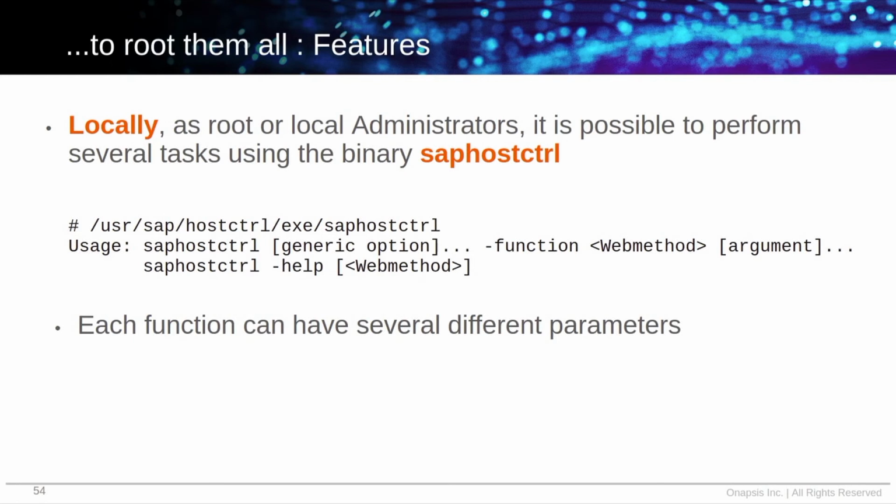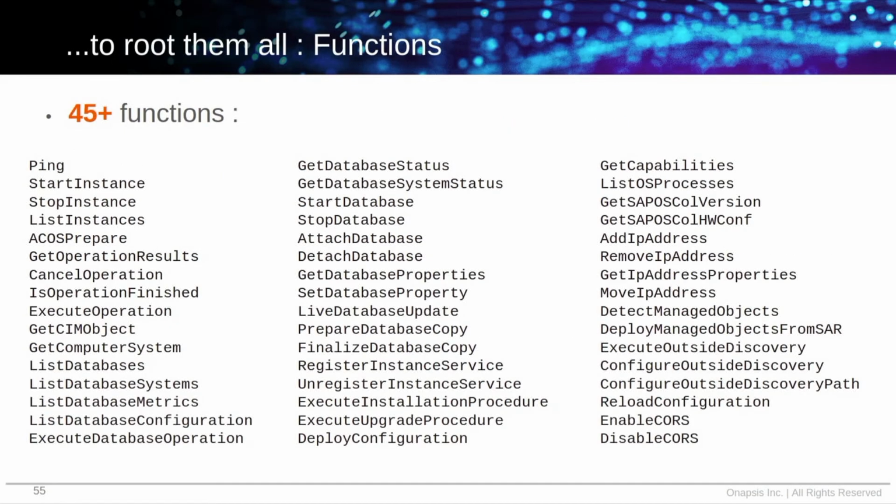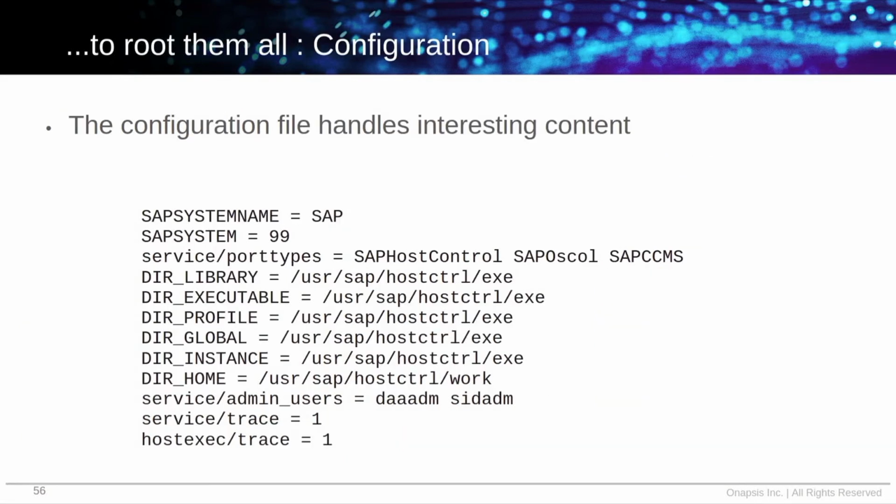When we speak about functions provided by the SAP host agent, we speak about all these functions. There are a lot of functions, a lot of administration functions. So the next step is to focus on the configuration file where we find the ADM user for sure.